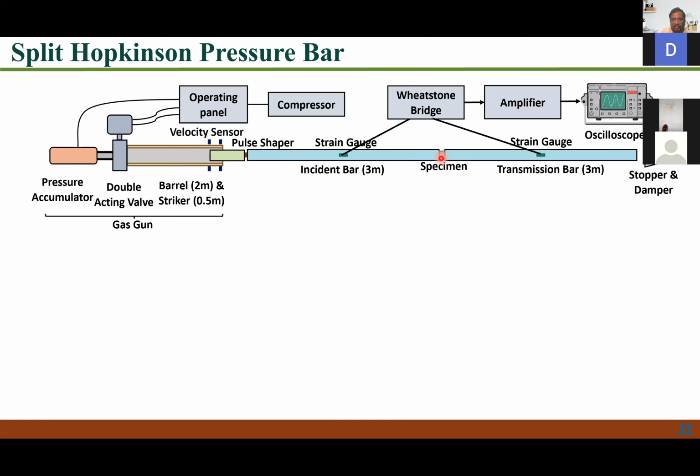At the interface, some waves get reflected and go back, and some waves get transmitted to the transmission bar. You measure, using a strain gauge, the strain history in the incident bar and the transmission bar. Using one-dimensional wave propagation theory, I can calculate the strains that I am applying on this specimen. We put the strain gauge and use an oscilloscope to measure all the strain.